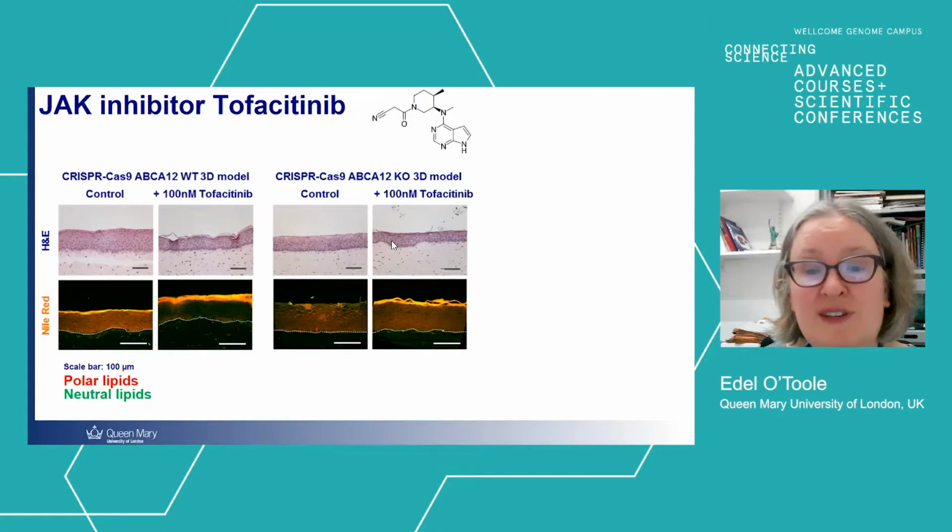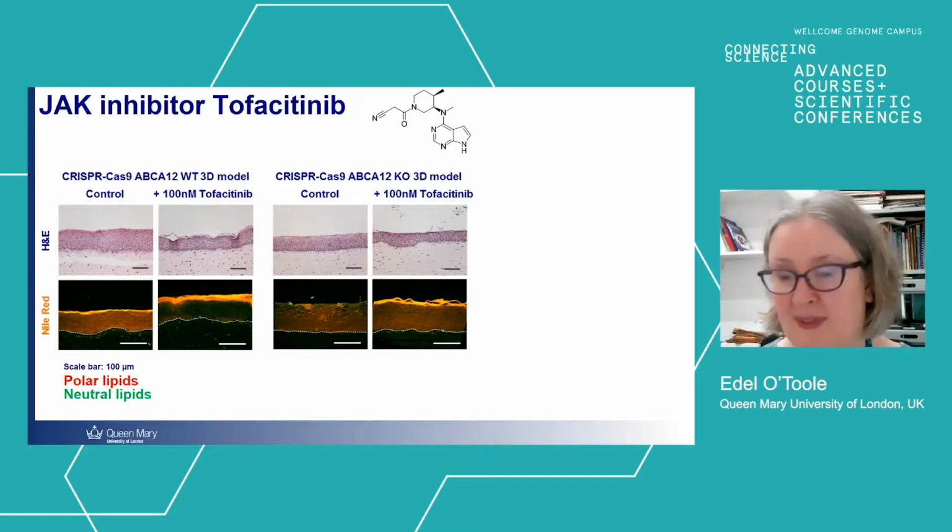And you also get the feeling that there's some restoration of the stratum corneum, and the epidermis isn't quite as thick as it was. But I have to say, I'm not totally convinced by that, but the barrier certainly is extremely convincing.